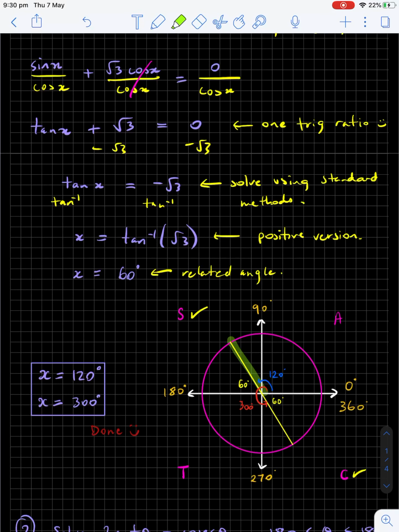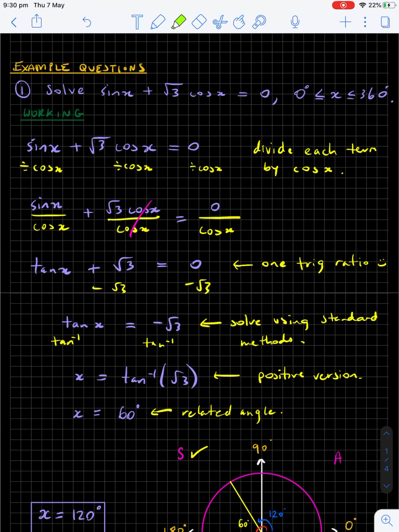So there's our 60 degree angle in the second quadrant. What is that angle with the 0 degree line? It's going to be 120. So that's our first value for x. And in the fourth quadrant, notice that our domain is 0 to 360, so it's only positive angles.